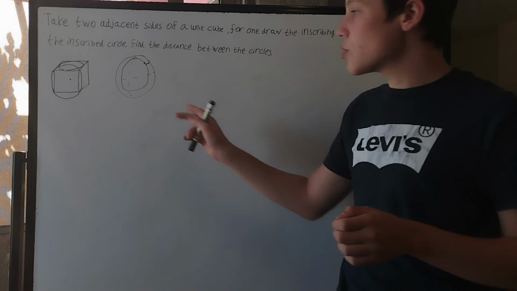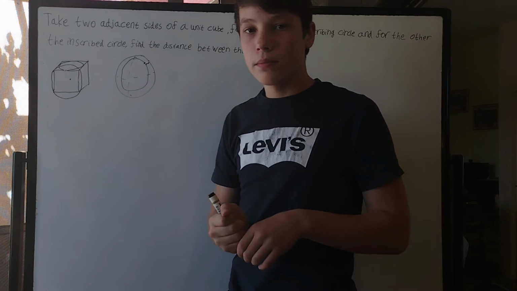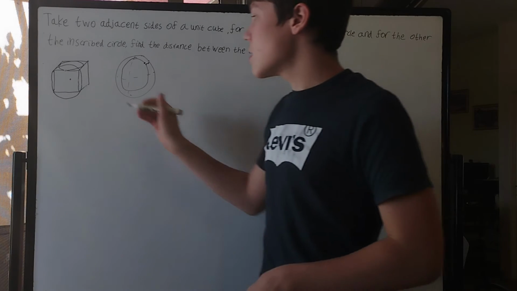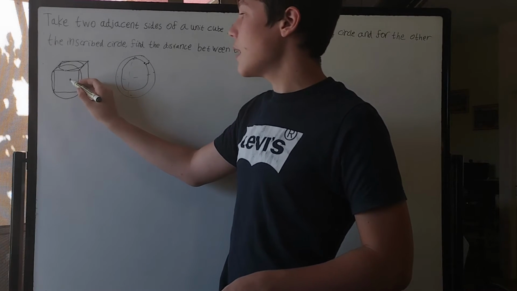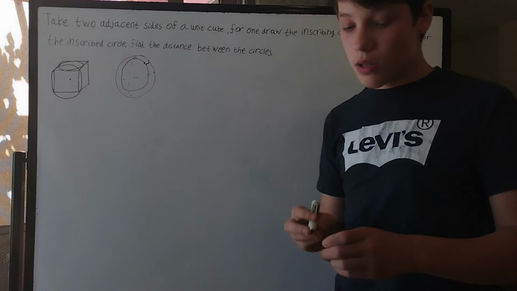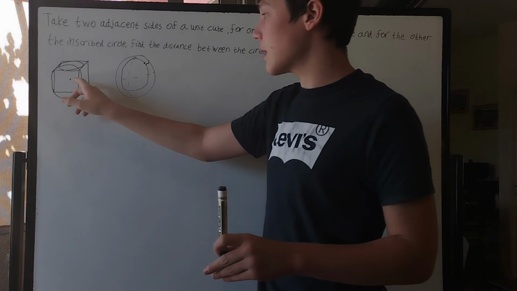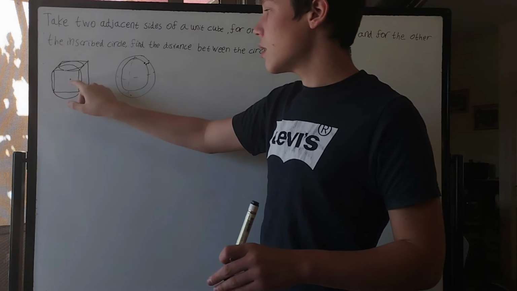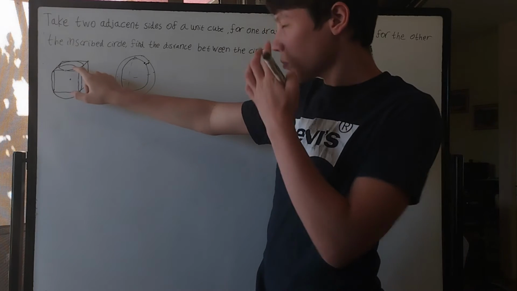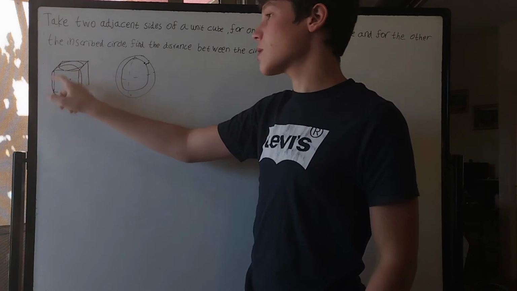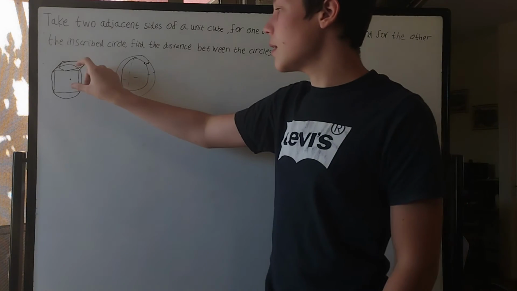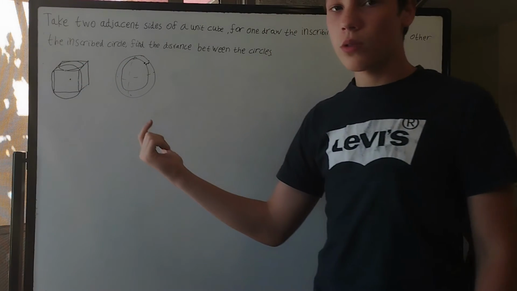But then how do we know that 2 points like that even exist? Well, let's show that. Take the center of the cube and draw a cone, so basically a ray or a line from this point to one of the points on the inscribing circle, and then you can move this line around.